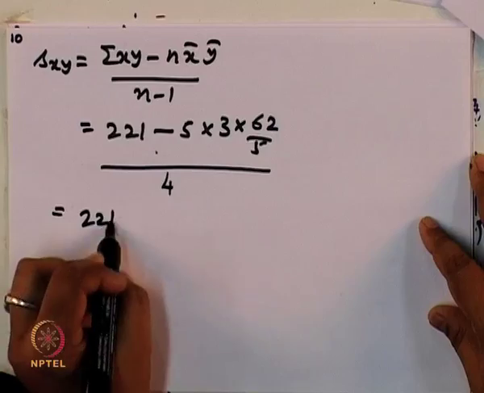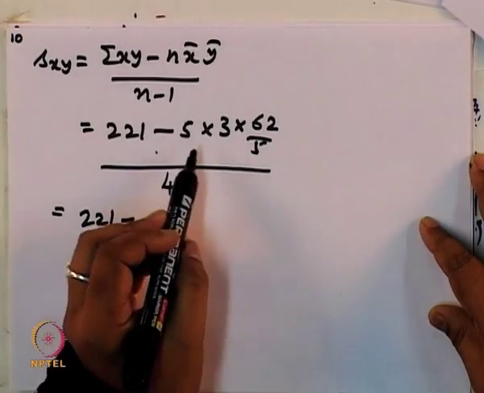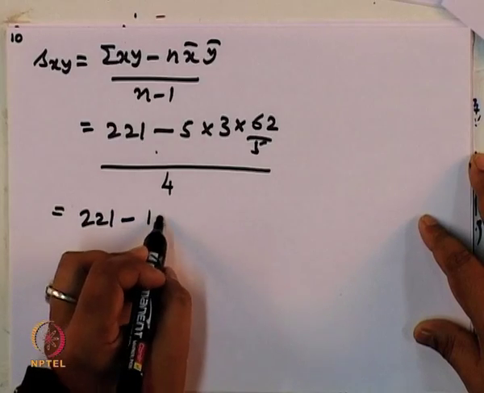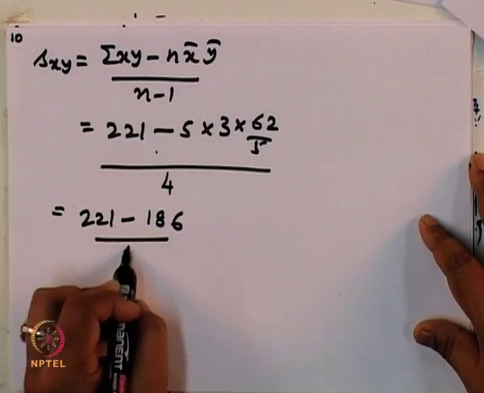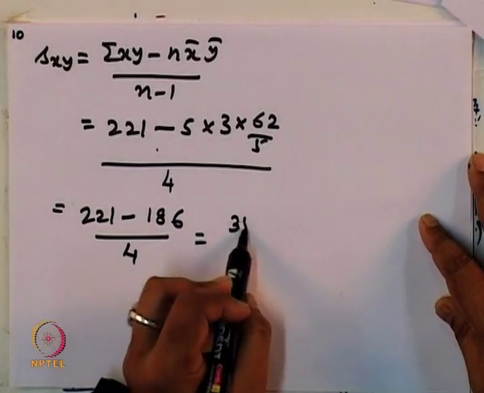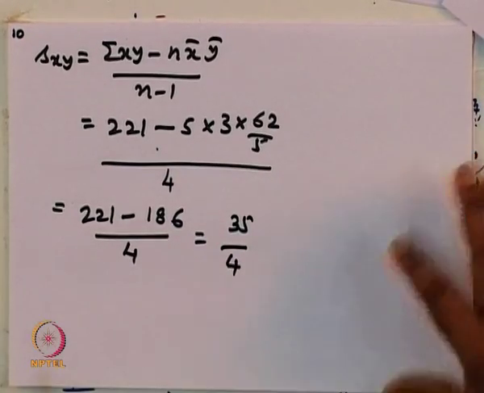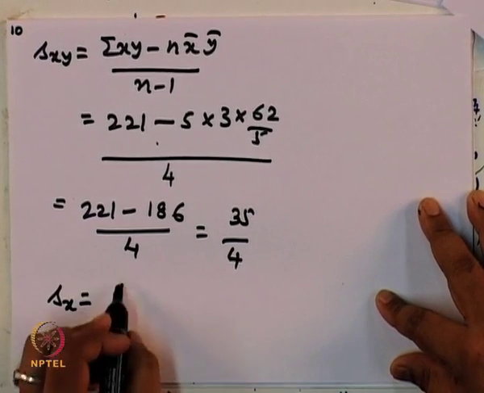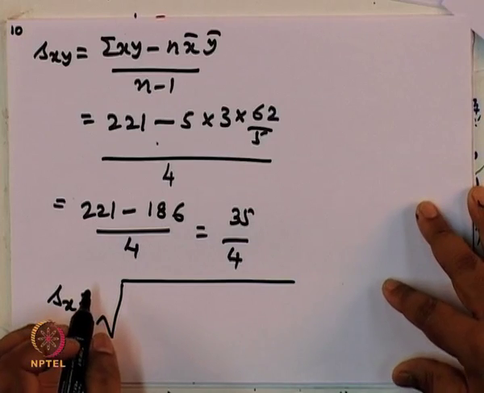So, 221 minus 62 into 3, which is 186, by 4, equal to 35 by 4.